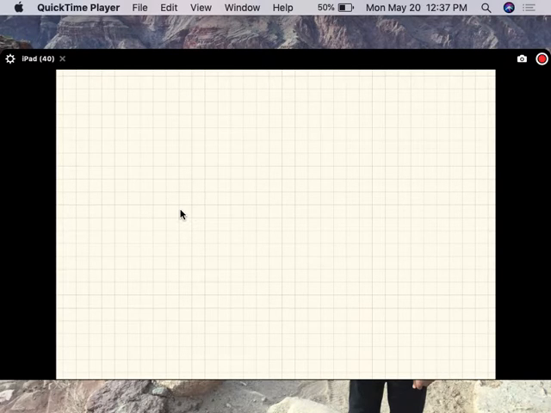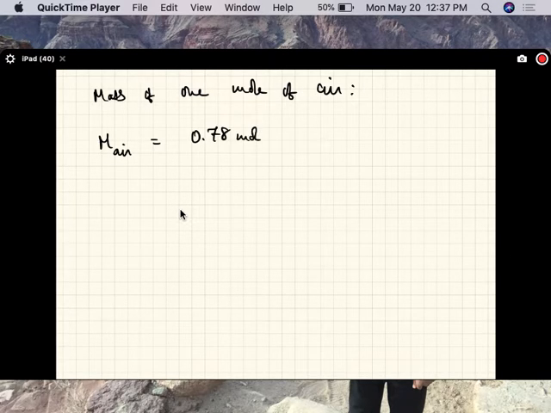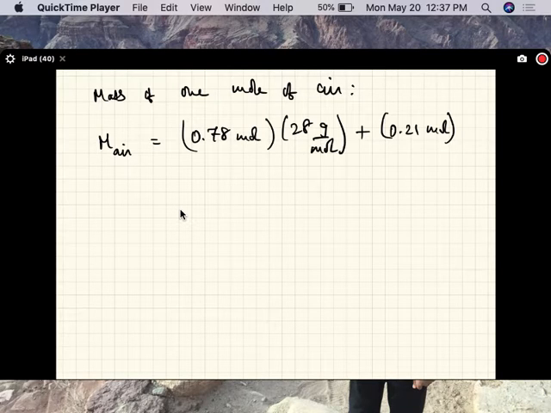Okay, let me write it this way. The mass of 1 mole of air, that is M air, equals 0.78 moles of nitrogen at 28 grams per mole, plus 0.21 moles of oxygen at 32 grams per mole, plus 0.01, 1% mole of argon, which is a monoatomic gas, at 40 grams per mole.